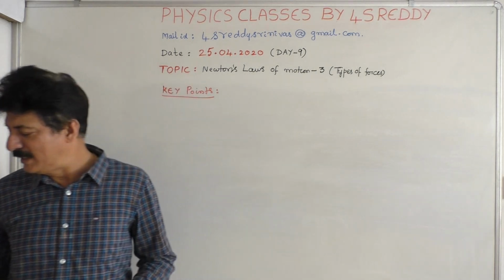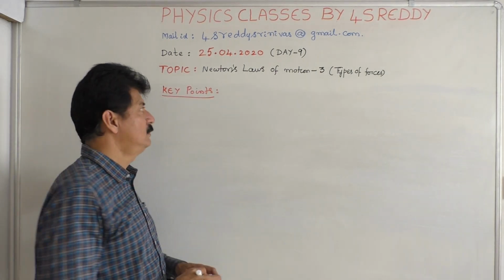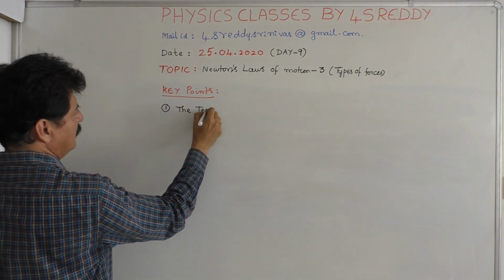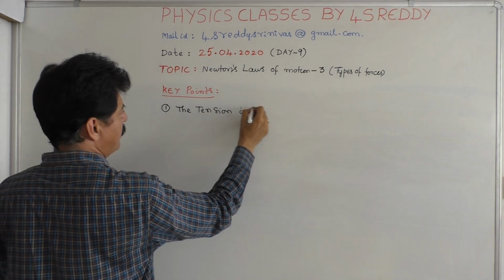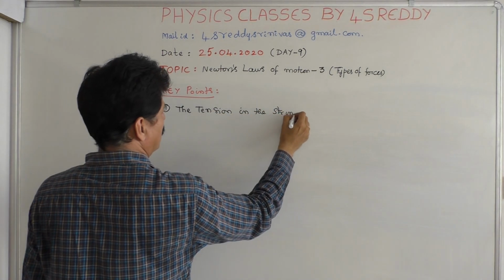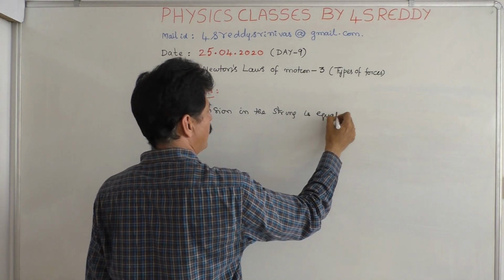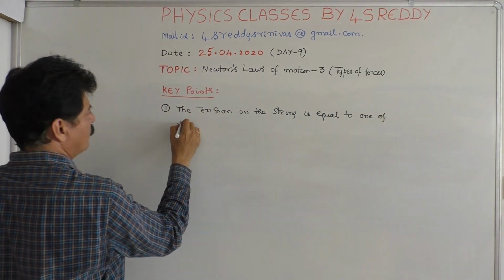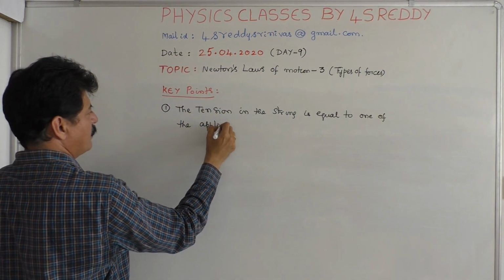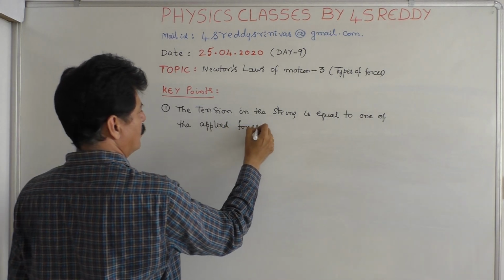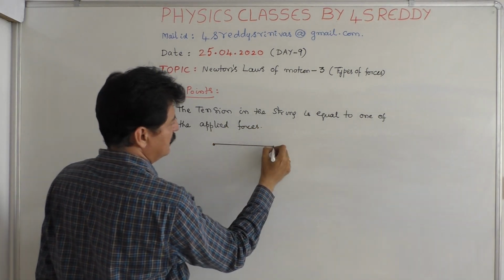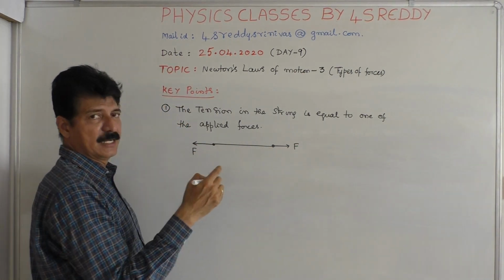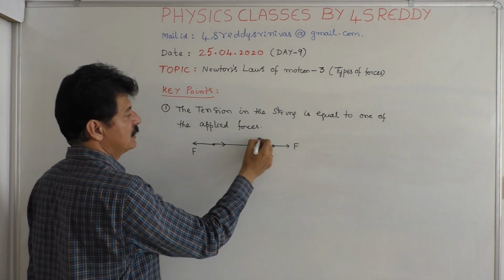In that, the first one is the tension in the string is equal to one of the applied forces. Suppose this is F, this is F, both are equal but opposite in direction.